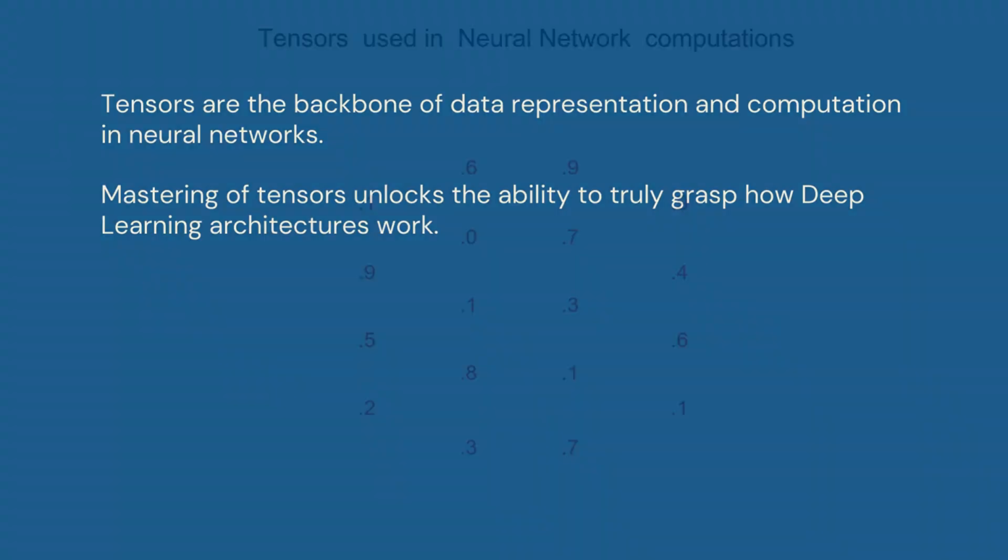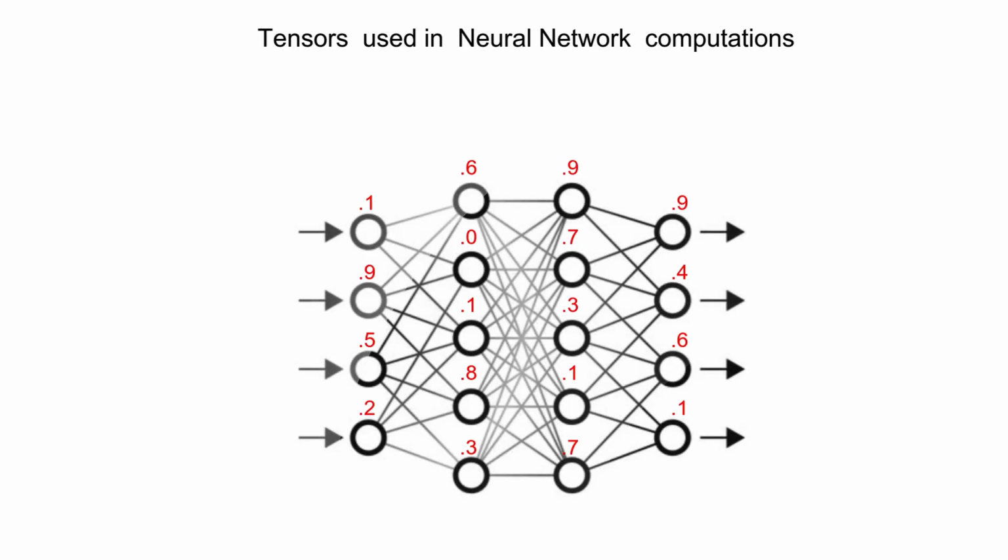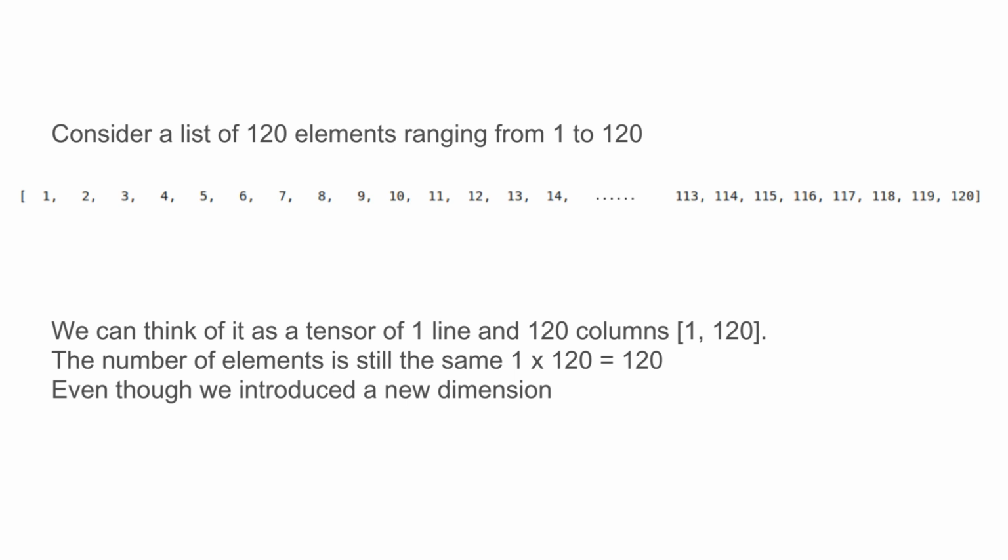Let's get started. What are tensors, and why are they important in deep learning? At their core, tensors are a generalization of matrices, playing a crucial role in deep learning by helping compute outputs and update weights in a neural network. But let's keep it simple for now. Think of a tensor as just a sequence of numbers stored in memory.